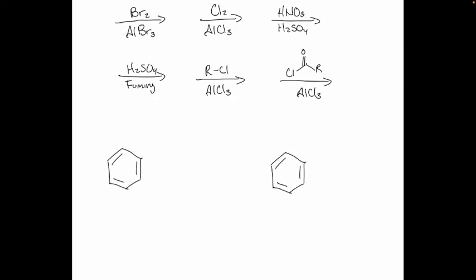How do we get to, for example, what would be a good one? All right, so I want to know what reactions you would do in order to create this product here.